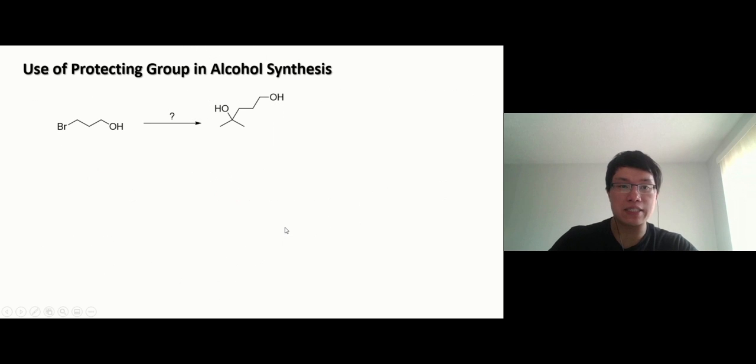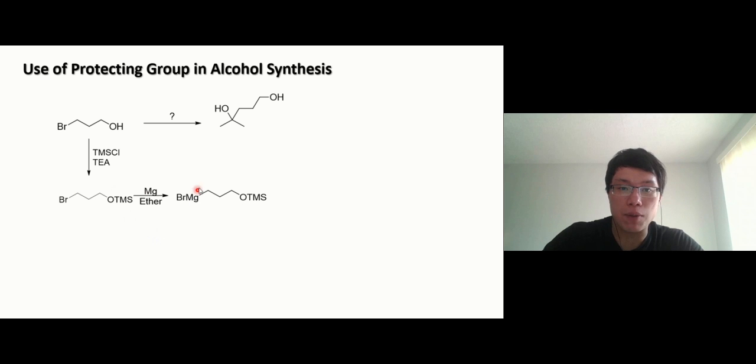All right, so the whole synthesis should look like this. We have to do Grignard here, but we can't because of the OH group, so we're going to protect it using TMSCl with triethylamine. Once we have protected the alcohol, we're going to do the functional group transformation, add magnesium to it, so make a Grignard. Add the nucleophile, so this guy will go attack, and you get this compound.